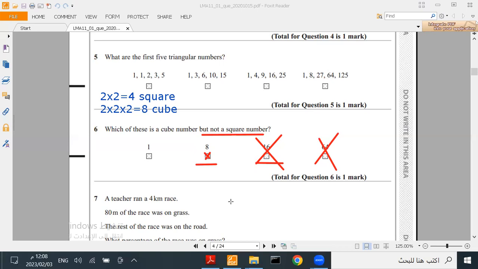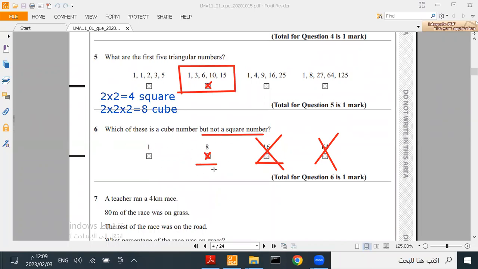You understand? What is the answer to question 5? 5 is this one. Okay. So for question 6, they said which one is a cube number but not a square number? 16 is a square number, 64 is a square number. One can be both.